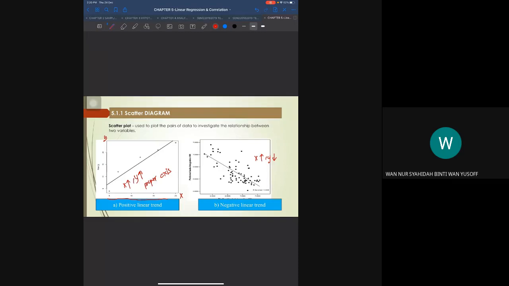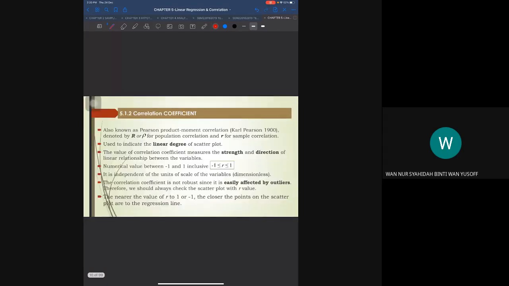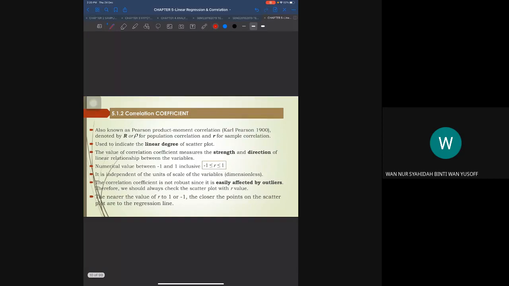So this is based on the visualization, whether the variables that we have here are related to each other or not. To confirm that, we need to calculate the correlation coefficient. The correlation coefficient value must be consistent with our scatter diagram. If we have a positive scatter diagram, then the correlation here must be a positive value.